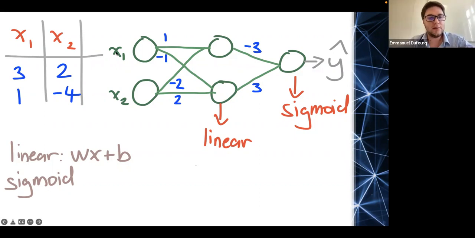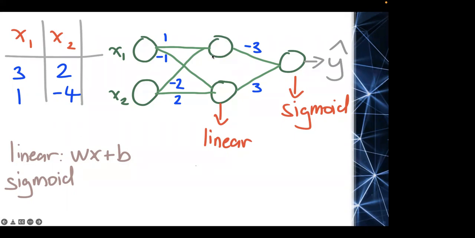Okay, nearly there. Can someone suggest how to get the value for this top hidden unit? So it was nearly there. It was just the logic was switched a little bit. Maybe someone else can.